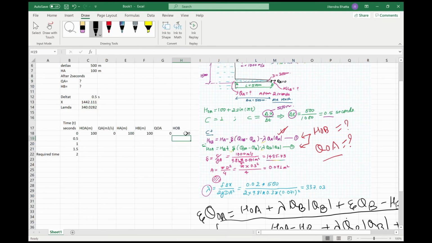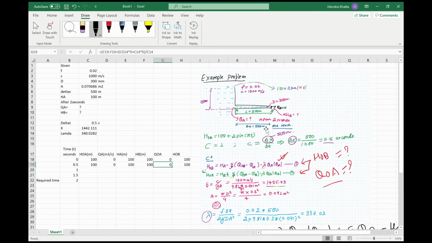So this is our head at B. So for this case, your HB will be equal to your previous HOB here.